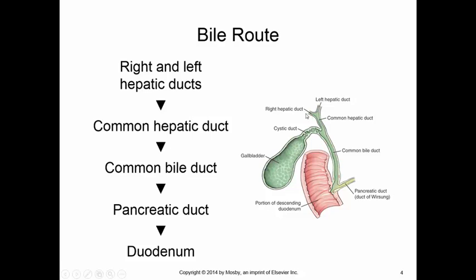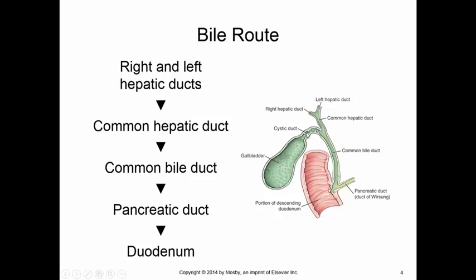Now, the right and left hepatic ducts join to make the common hepatic duct, which is seen right here. So bile is carried in one of the right or left hepatic ducts down the common hepatic duct, and then it enters the cystic duct, which is this little duct here.